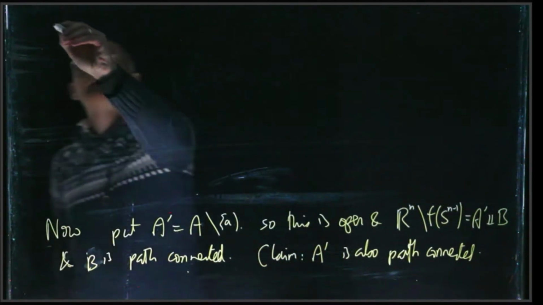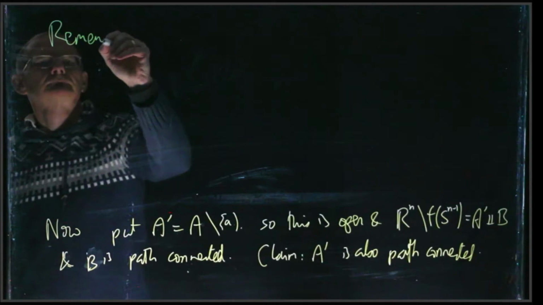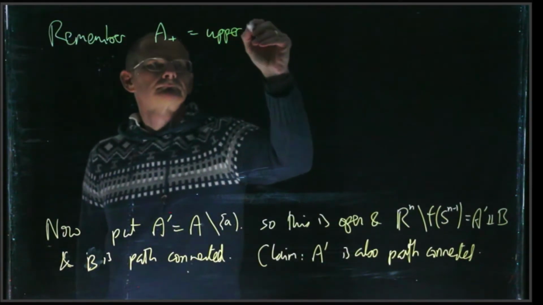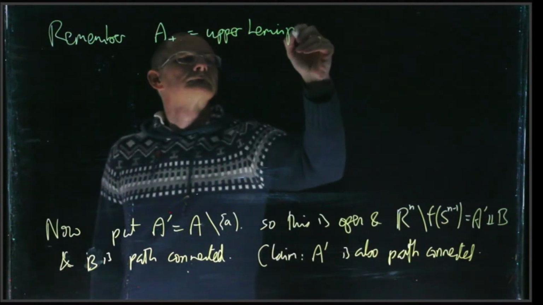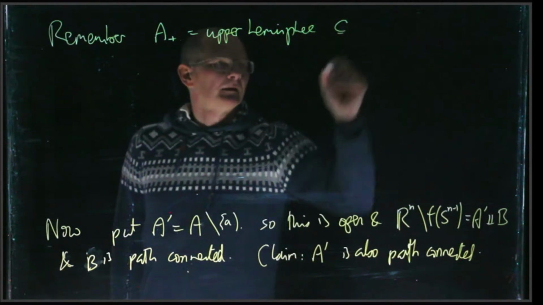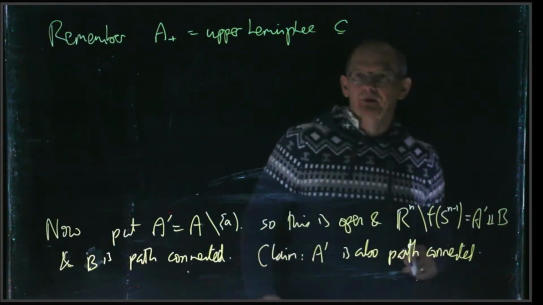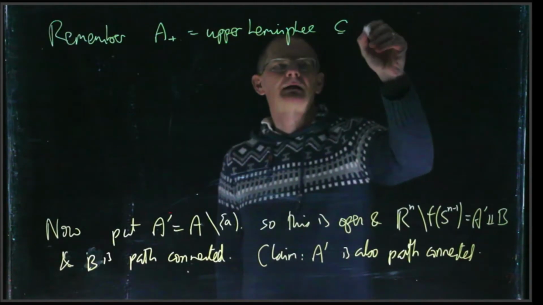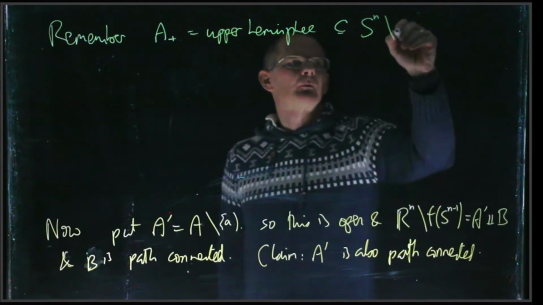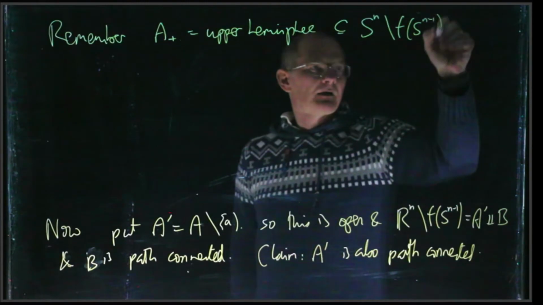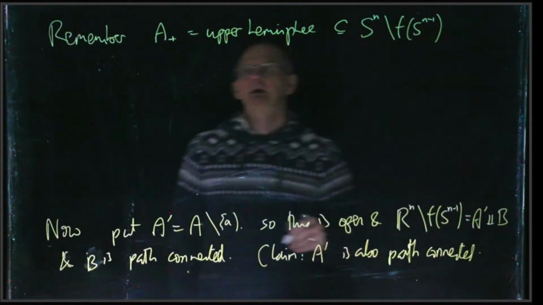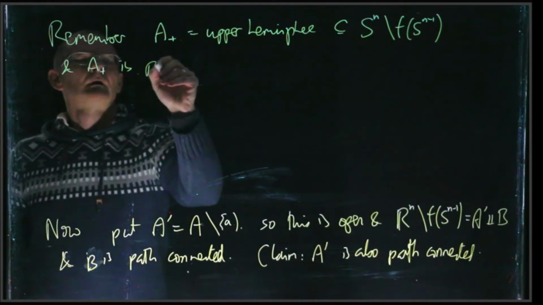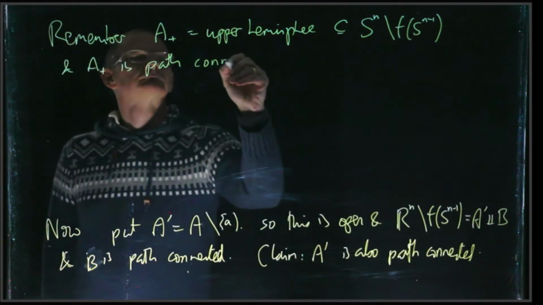Okay, so remember, A plus is the upper hemisphere. And we arranged our f so that f(S^(n-1)) was completely in the lower hemisphere. So this is all contained in S^n with f(S^(n-1)) removed.